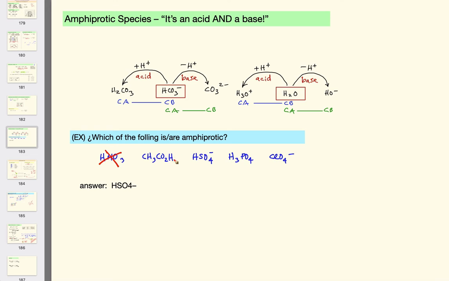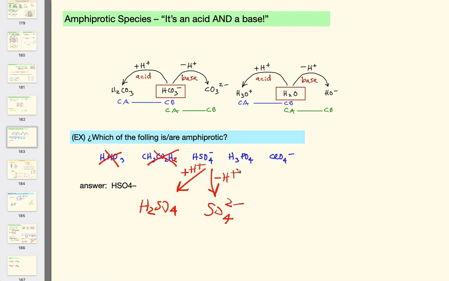It can donate a proton, but it can't take a proton because there's no such thing as CH3CO2H2. This one's different. This one can take a proton and become H2SO4. That's a real material, sulfuric acid. And likewise, it can lose an H+. It can just go to plain old sulfate.